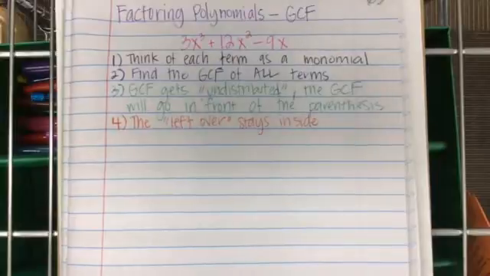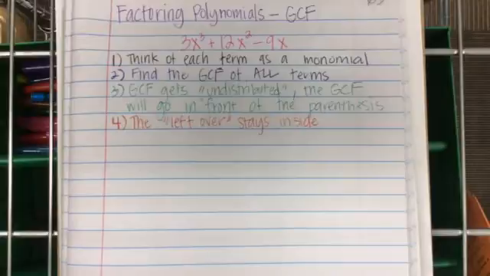All right, so we're going to do this the long way. And we're going to do this the easy way. Okay? Are you ready? Let's do it the easy way first. Sound good?